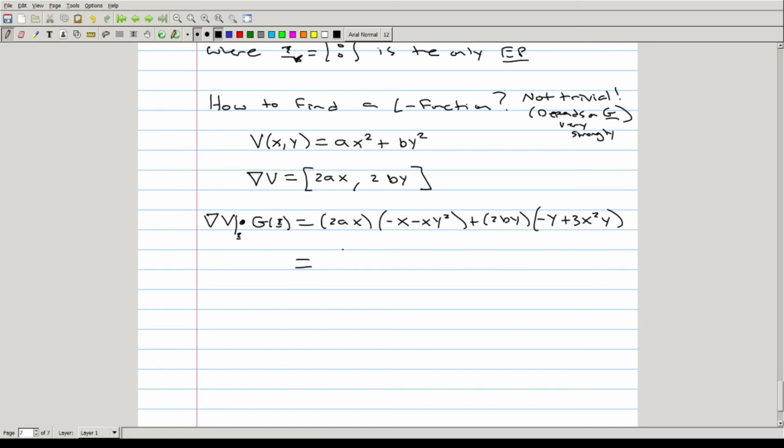Which simplifies to negative 2a x squared, negative 2a x squared y squared, minus 2b y squared, plus 3 times 2, so 6b x squared y squared.